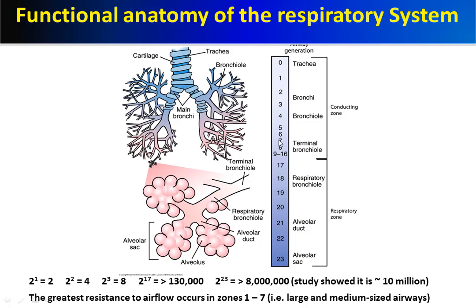Then here we have bronchioles, and up to the 16th level, these are terminal bronchioles. Then respiratory bronchioles begin at level 17, and keep on up to level 21, where the alveolar ducts begin. Then alveolar ducts also branch, level 22. Then we have the alveolar sacs, level 23.